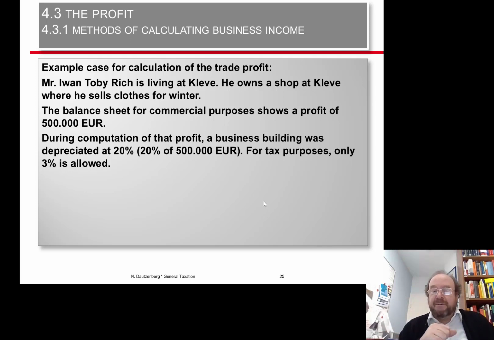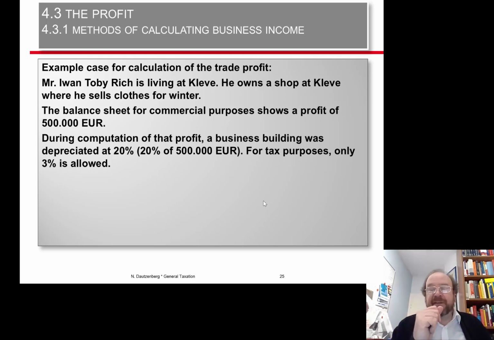Now, he depreciated the building at 20%, which is rather pessimistic, because the underlying assumption is that the building is going to last only for 5 years and then you can burn it down or so. There are reasons for that. Now, for tax purposes, there is a clear rule.